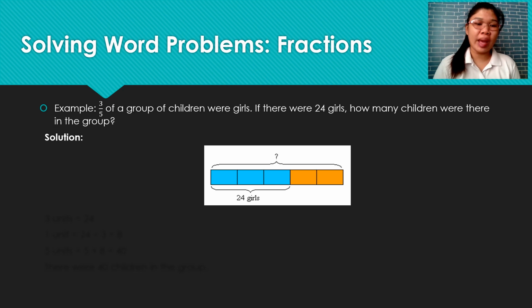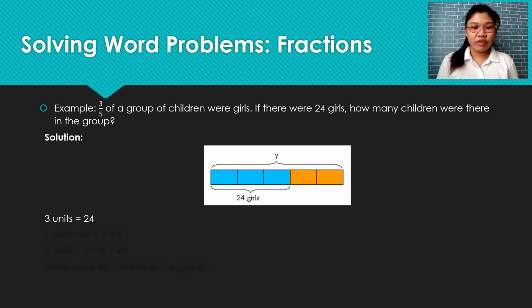So 3 over 5 of a group of children were girls. We have here 5 parts, and 3 of those 5 parts were girls. And if there were 24 girls, how many children were there in the group? So we have 3 over 5 of the children were girls, and we have 24 girls.